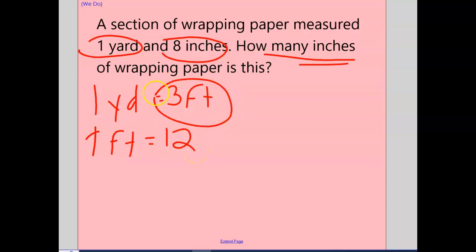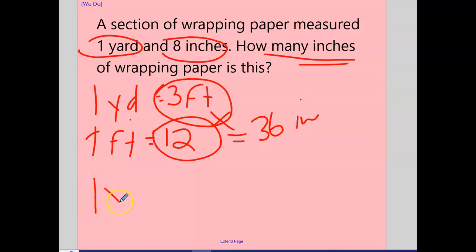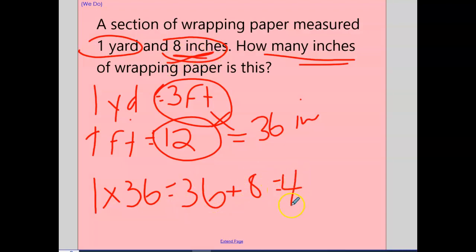So 3 feet times 12 inches is 36 inches. Okay, so now I can do my 1 yard times 36 equals 36, and my extra 8 left over right here, add that on, and I get 44 inches. Oh, I loved that one. Okay.